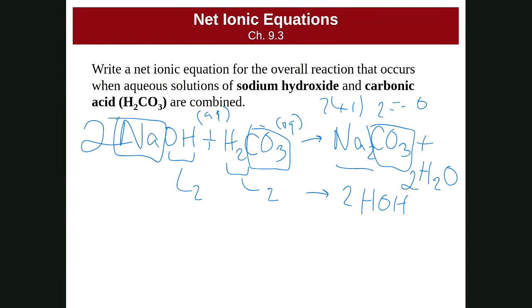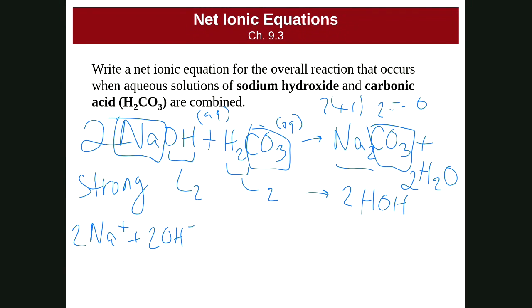Okay, so now we're going to see if any of these are strong electrolytes. Sodium hydroxide is a strong base, so it's going to completely dissociate. We're going to have 2 sodium ions and 2 hydroxide ions. What about carbonic acid?